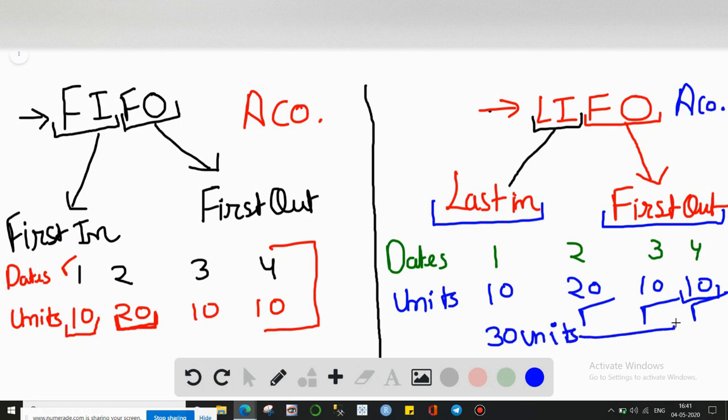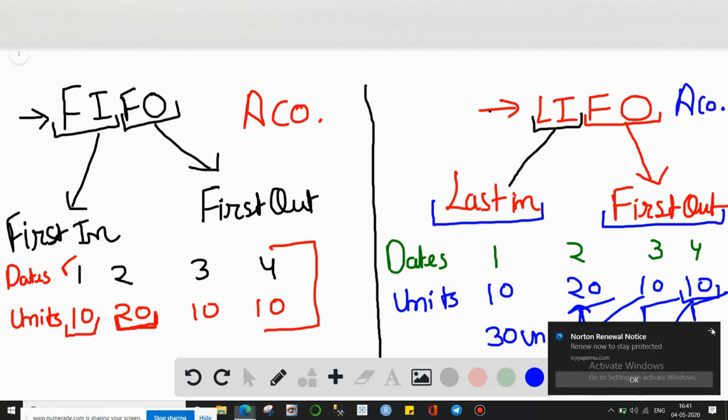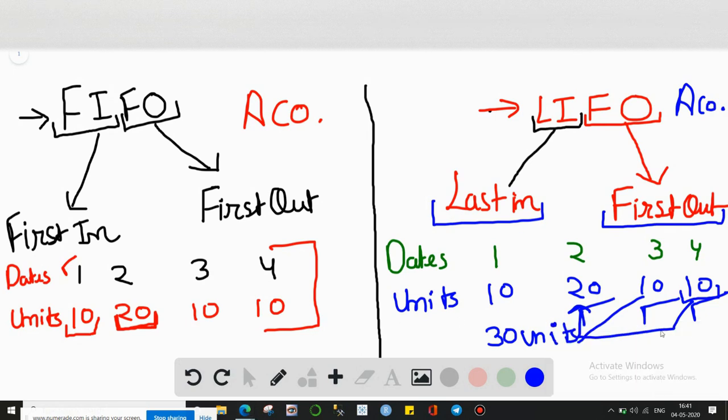So first 10 from there, second from there, and third from date 2. Okay. Now what happens?